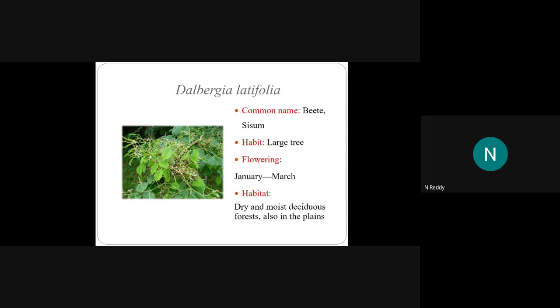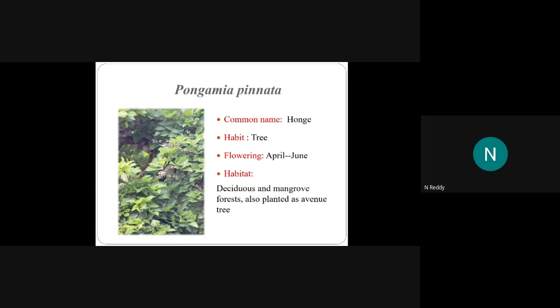And Dalbergia, that is rosewood. It's also found in Western Ghats. It's a very common species. It flowers during January to March. Pongamia, we call it honge in Kannada.